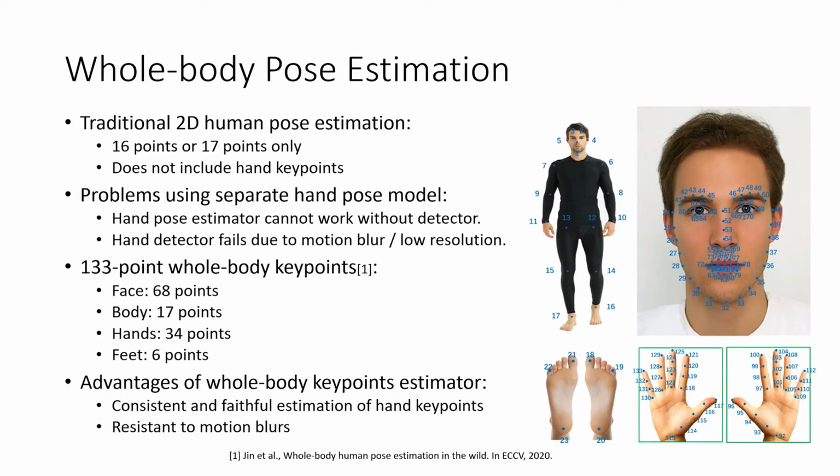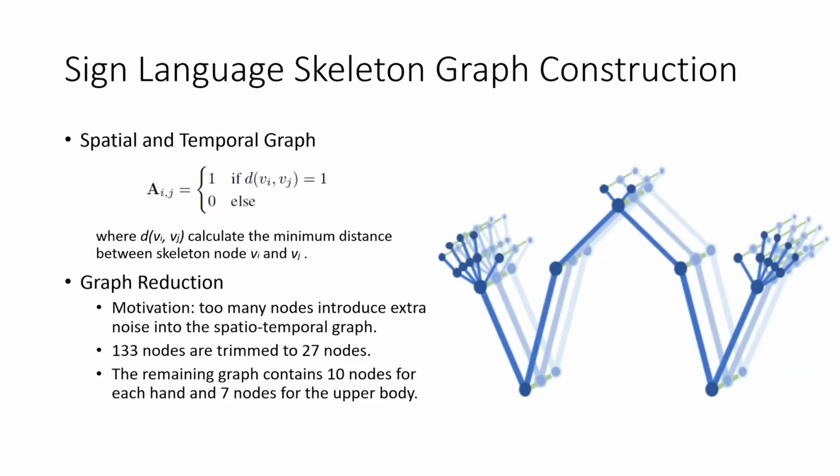The problem with such an approach is that the hand pose estimator relies on an accurate hand detector, but in our experiment, we found that the hand detector fails very easily due to the motion blur and low resolution of the video. So instead of using a separate hand pose estimator, we utilize the recent development of whole body pose estimators. The whole body pose estimator has global information of the human body and therefore provides faithful and stable results even under motion blur.